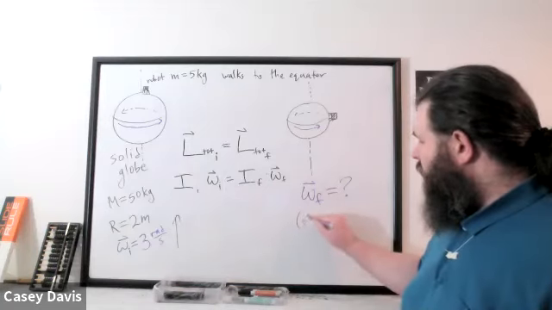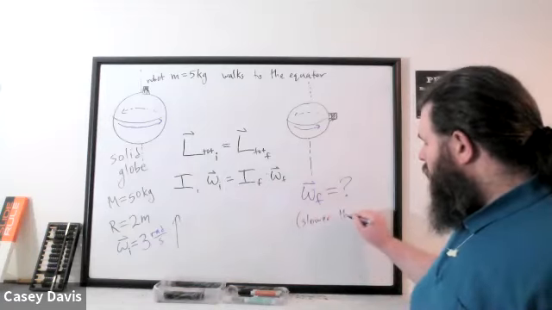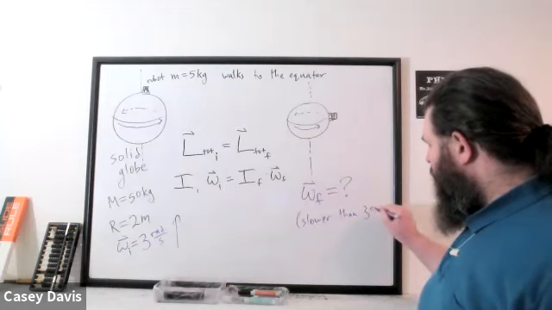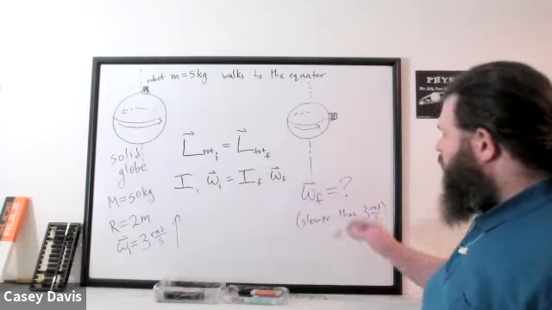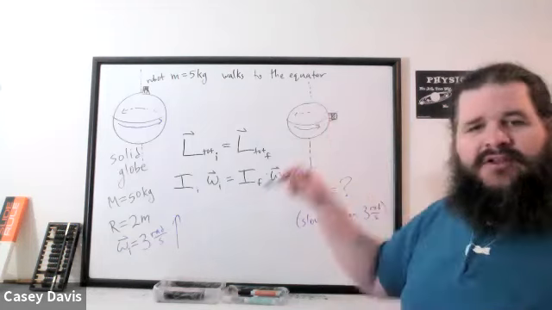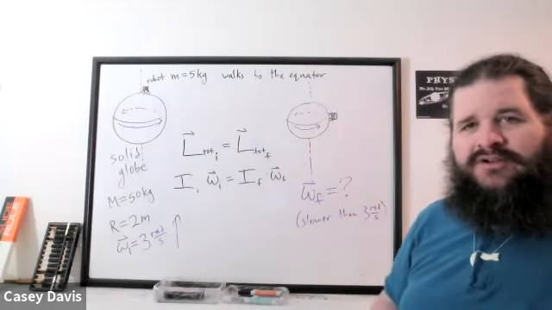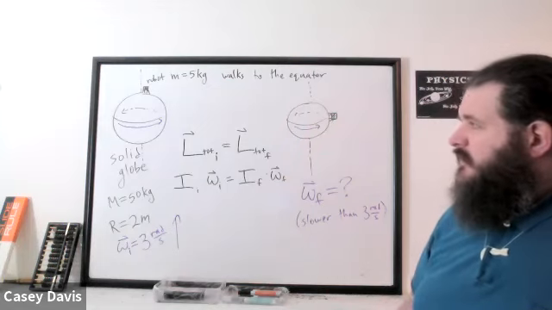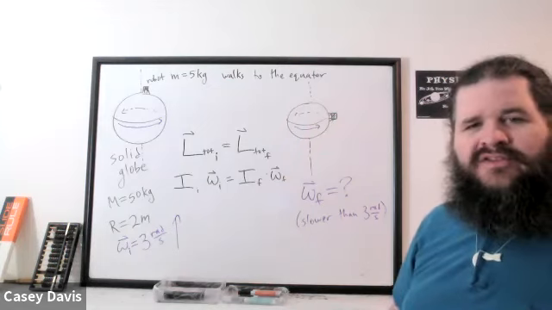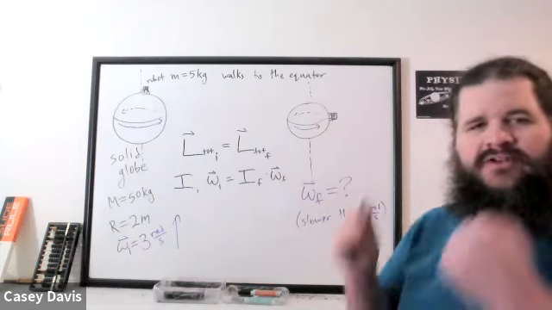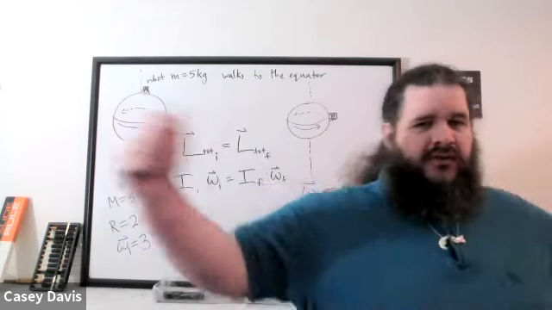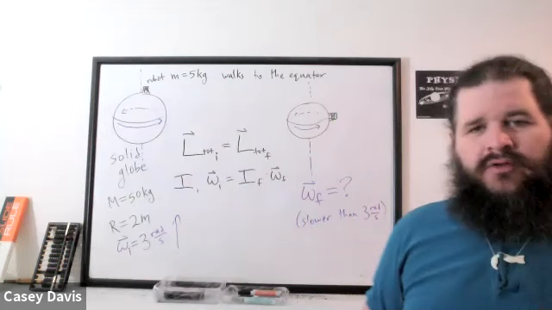So omega final is going to be slower in the end than in the beginning. It's still going to be rotating in the same direction, because there's no torques causing it to shift its direction of rotation, but it's going to rotate more slowly. This is exactly the same effect as spinning around with your arms tucked in and then stretching your arms out, which slows down your rotation.